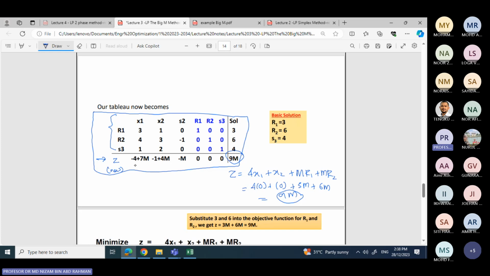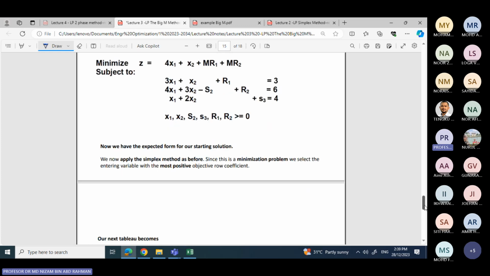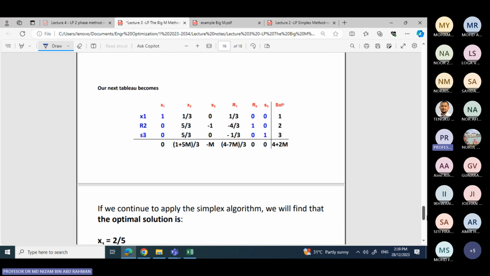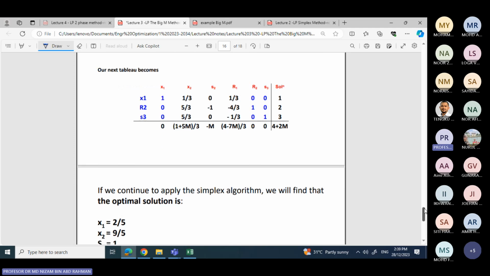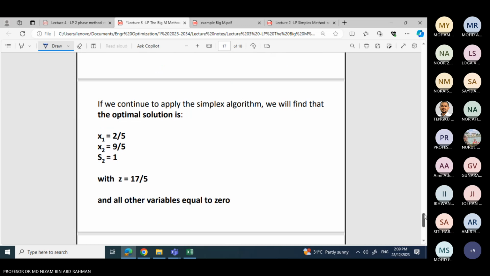So for minimization, you want to look at the value whether it's optimum or not. If it's not optimum, then you identify what is the entering variable. Once you define the entering variable, then you need to define the leaving variable, right? And then you use Gauss-Jordan rules to substitute all the rows, and then you solve it that way. So if you do that, then the next tableau looks like this, and finally this is the optimal solution that you should get.